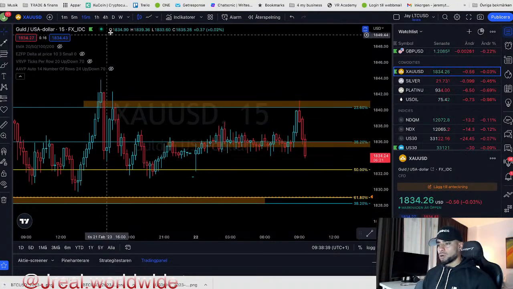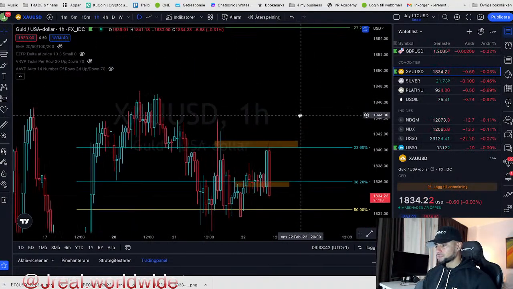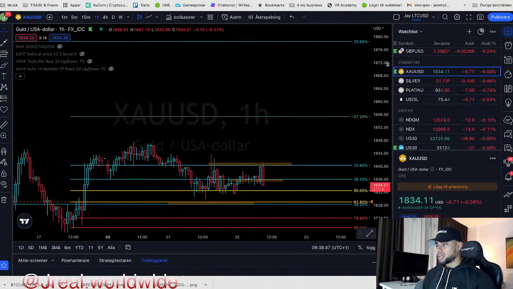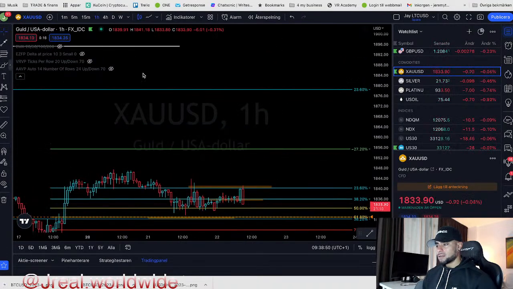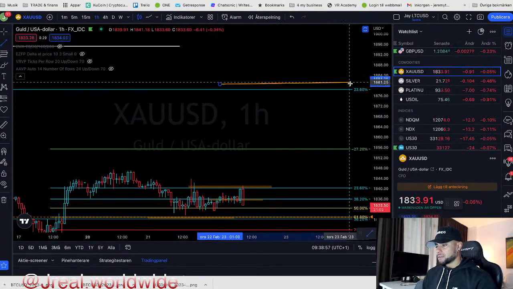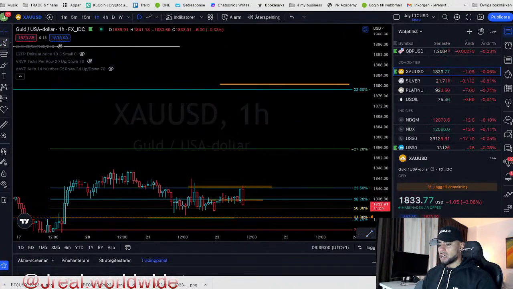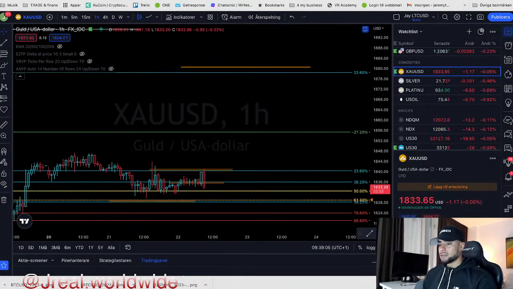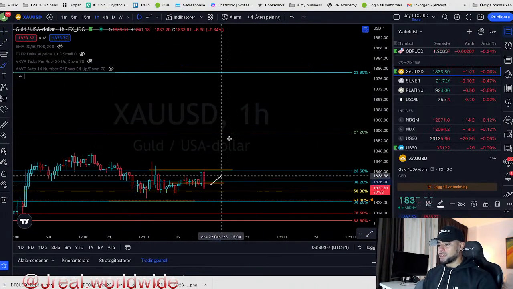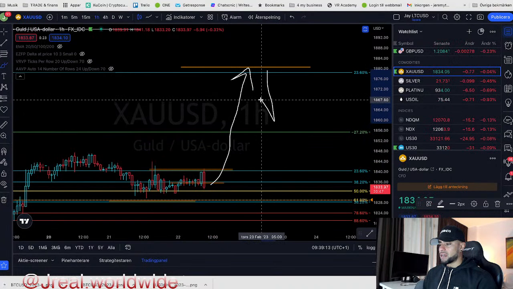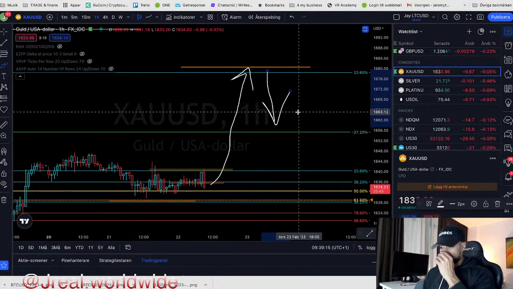We know that gold loves to hit round numbers and reverse from them. So we have 1880 as a buy price target. That means basically that if we believe the market is going up, this is definitely a level to look for, and to look for a reversal for a sell.